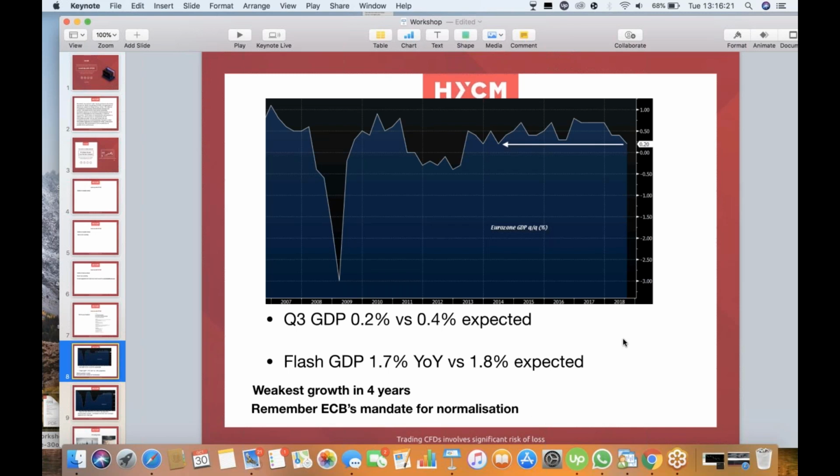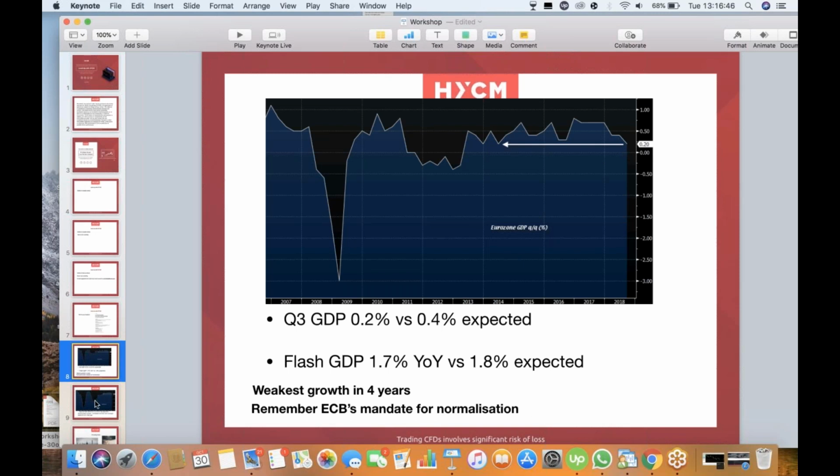Yes, we've had a little bit of loss of momentum, but we're not having a downturn. Whereas today's data begins to make you think, well, it's not as good. This isn't necessarily just a loss of momentum. This is starting to threaten to become a downturn. So that's the kind of pressure that's going to be on the euro.